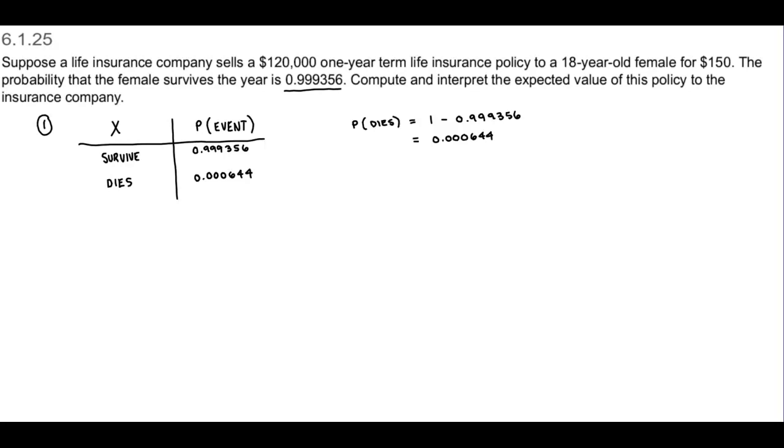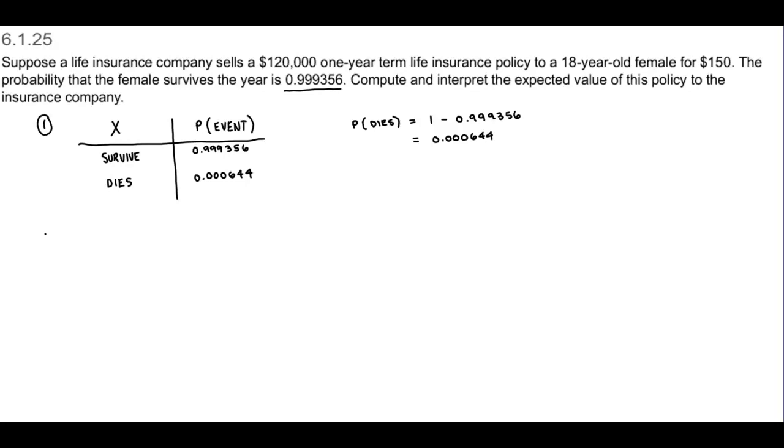Now we want to determine the payout for each probability. From the point of view of the insurance company, if the client survives the year, the insurance company makes $150. Therefore, we're going to let x equal $150. That's if the client survives the year.